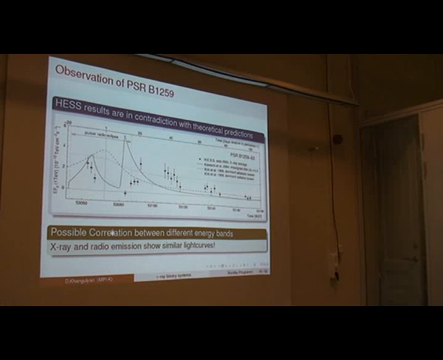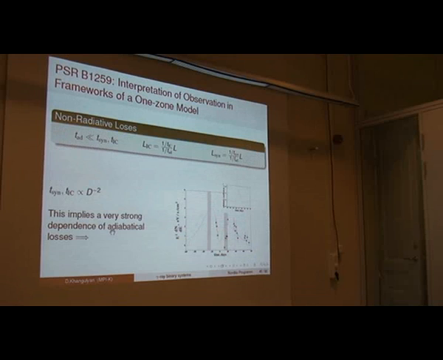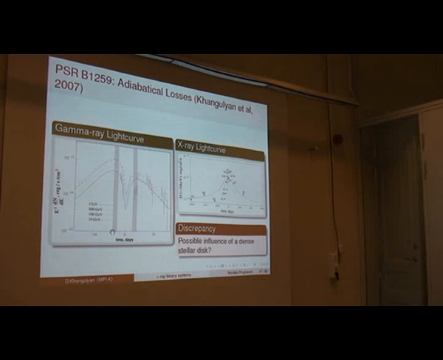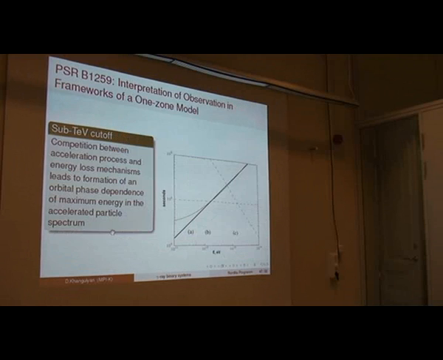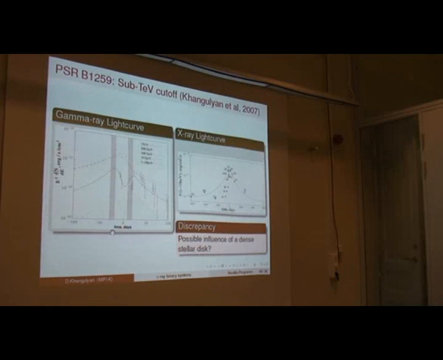There was an attempt to explain the HESS light curve in the framework of a one-zone model, accounting for things like adiabatic losses, change of the shape of the accelerated spectra, and in principle, by introducing some additional assumptions, it's possible to pass through basically all the points.